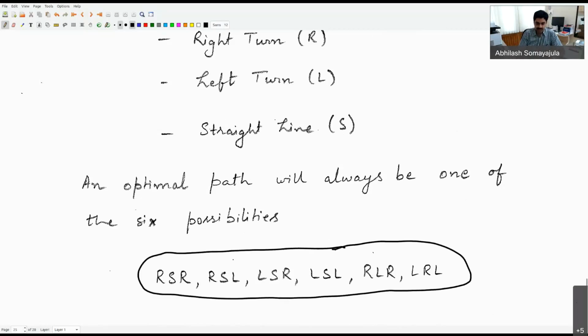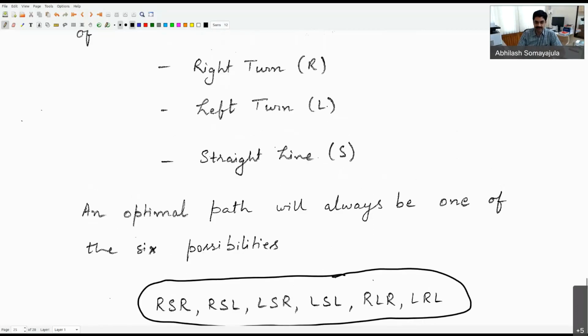And what are these 6 configurations? Each of the letters here is representing either a right turn or a left turn or a straight line. So the right turn is denoted by R, left turn by L, and straight line by S.